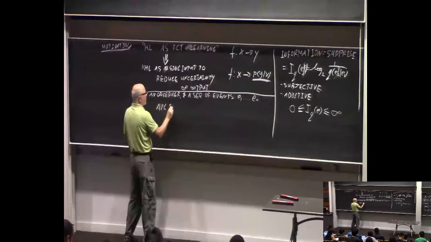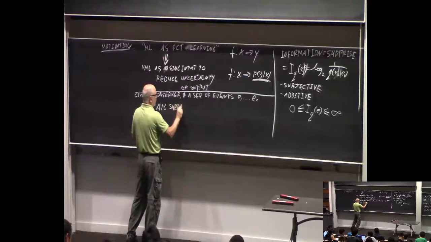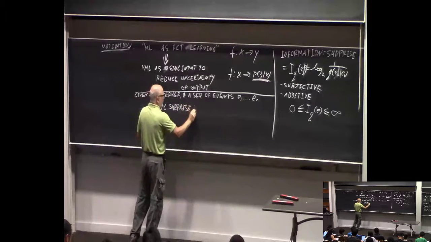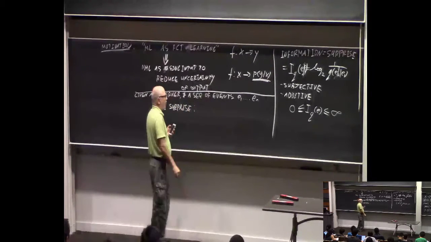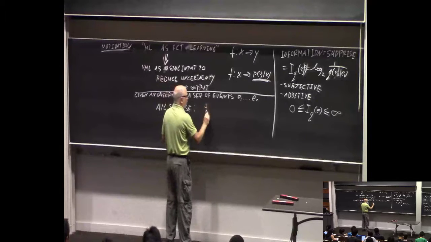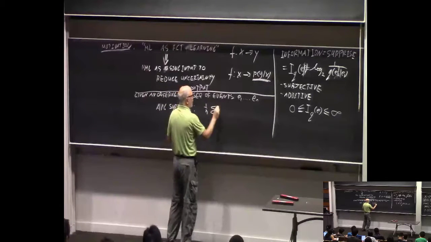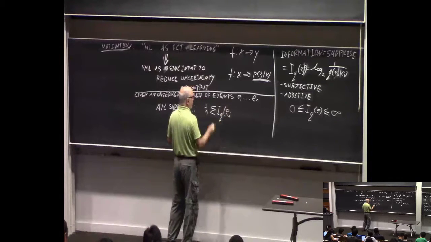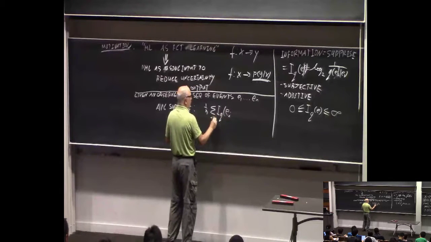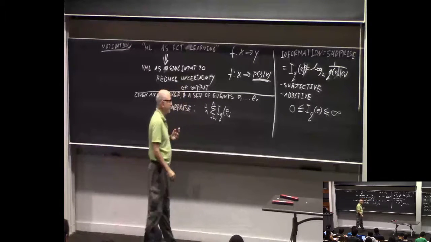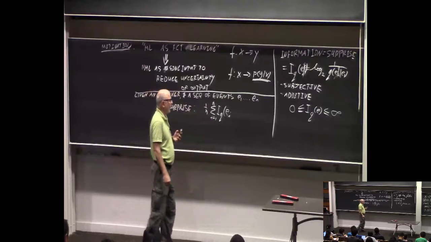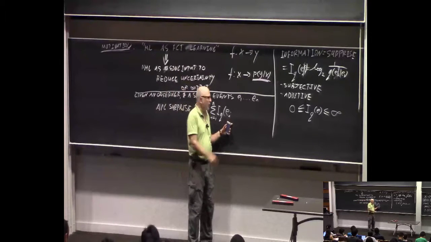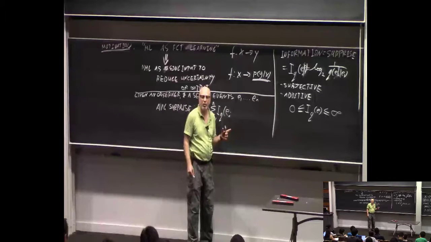Average surprise of the observer would be 1 over n, sum of the surprise of the observer for each one of them. Now, if I assume that they're independent of each other, I can just close this parentheses.